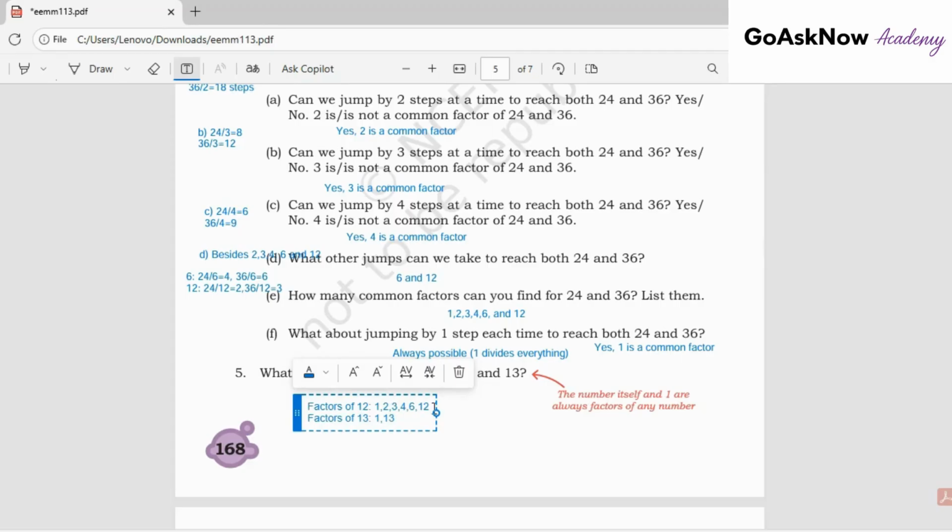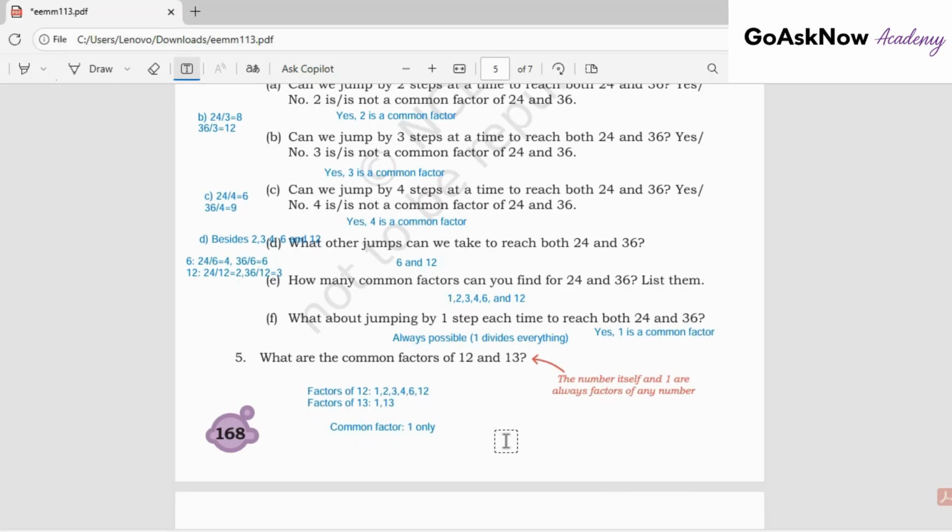Here the common factor is 1 only. So the number 1 is the only common factor of 12 and 13.